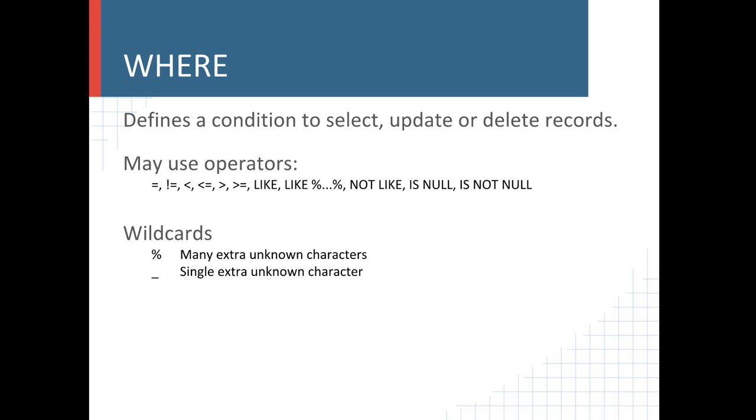We can find out whether or not any of those conditions apply to the data that we're looking for, and then thereby filter the data that we want. Wildcards for the like example, it says I'm looking for anything that matches the pattern between these two percent signs. The underscore works the same way as the percent signs, only it narrows the pattern even more, only allowing for one character before or after what you are looking for.